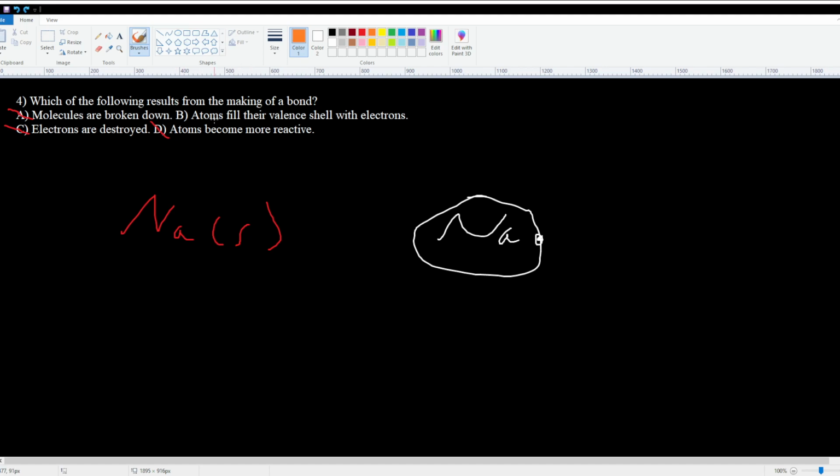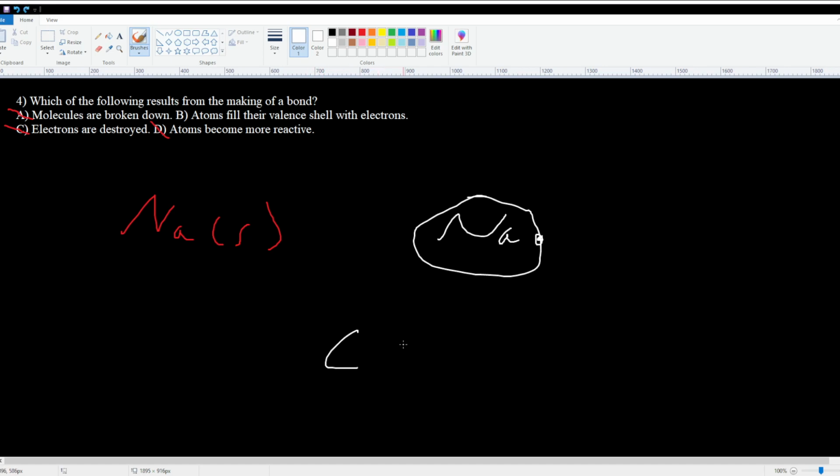So that leaves us with B. Atoms fill their valence shell with electrons. Let's take the example of carbon.